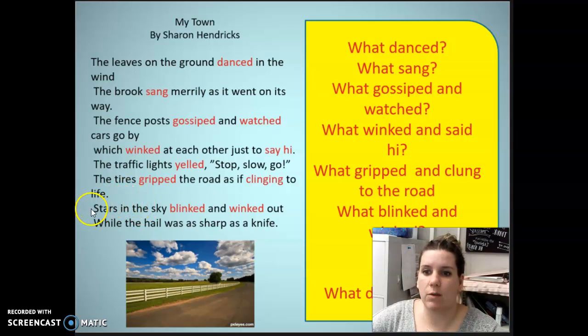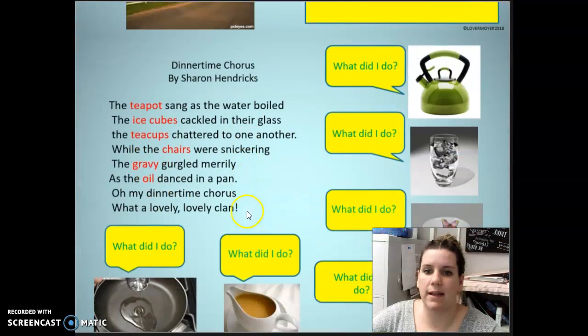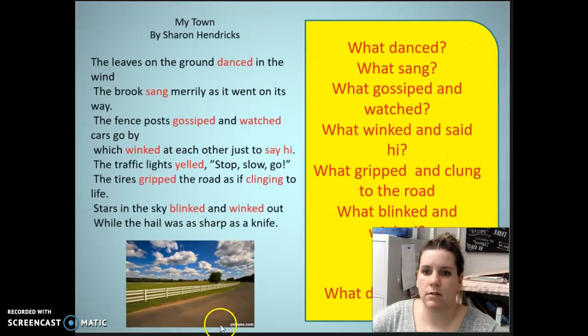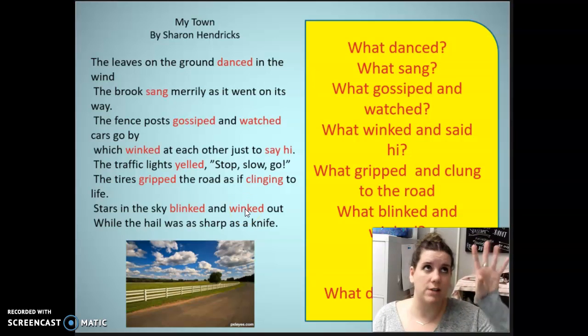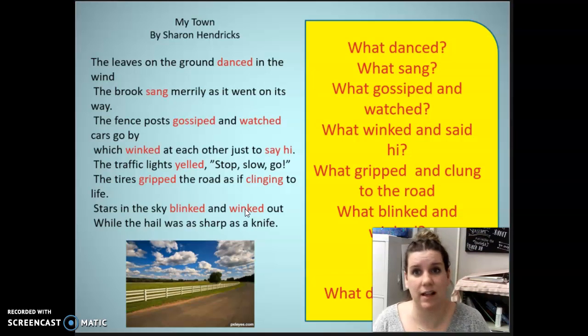Right here we have the stars in the sky blinked and winked out. That's almost like they're twinkling. So I could picture stars in the sky twinkling, and then the hail was as sharp as a knife. That's not personification. That's a simile because it's using like or as. It has the word as. I'm going to stop there.